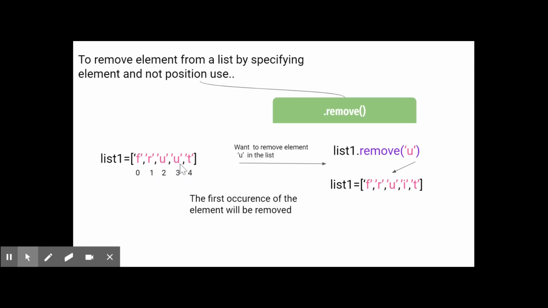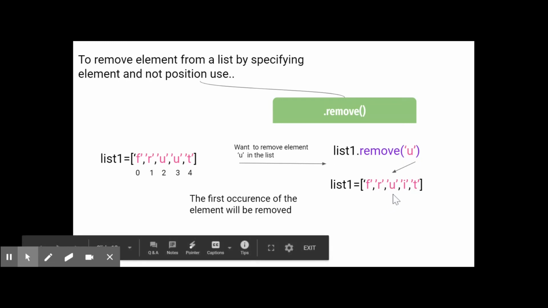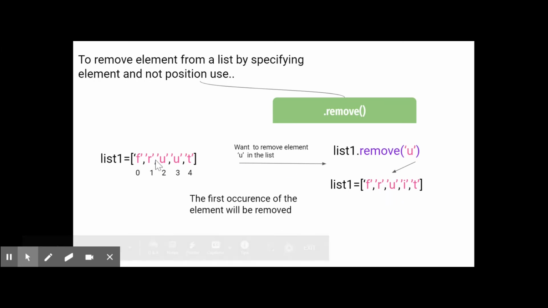So which U will it consider? The first U that you get, it will remove that U. Here I'll say list1 dot remove U and it removes the first U and the other U is still remaining in the list. So the first occurrence of the particular element will be removed from your list, and for that you will use the remove function.